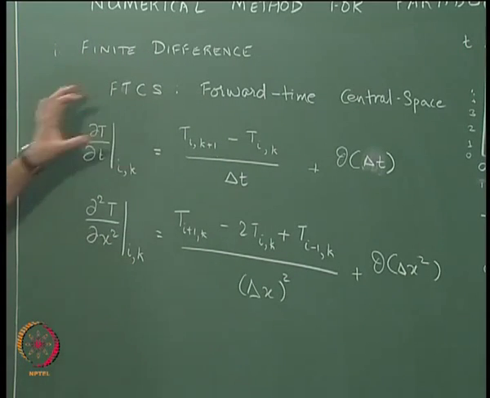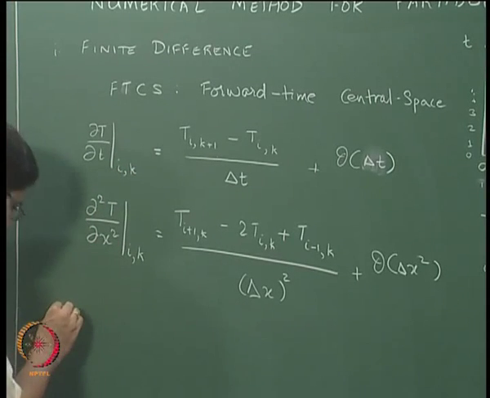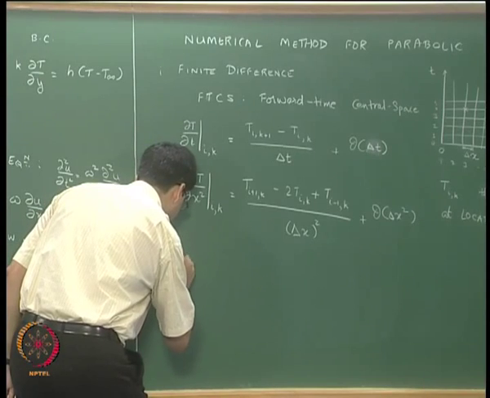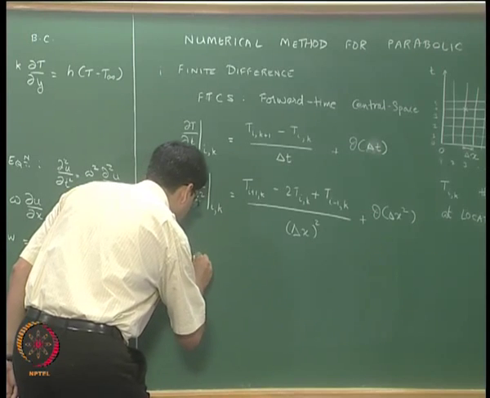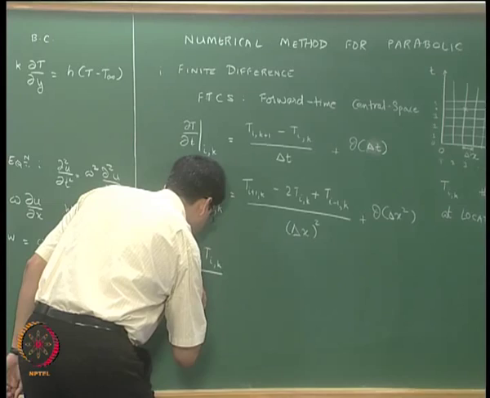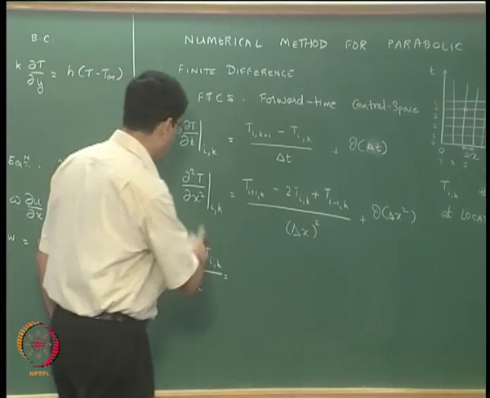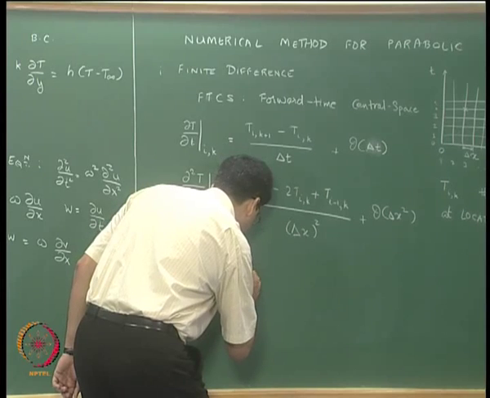Okay. Now we substitute this in our original equation, and we essentially get T(I,k+1) minus T(I,k) divided by delta t is equal to alpha multiplied by partial squared T by partial x squared.